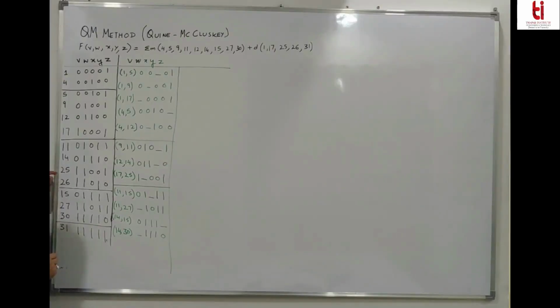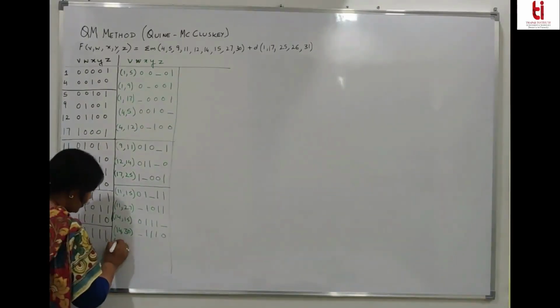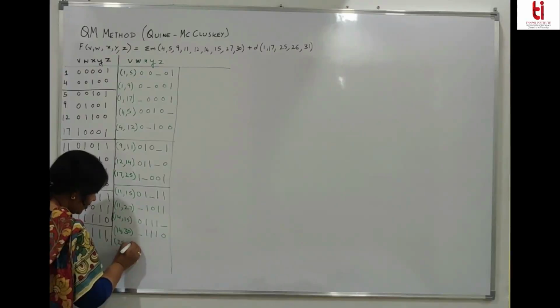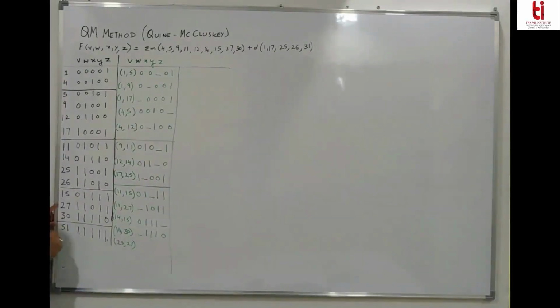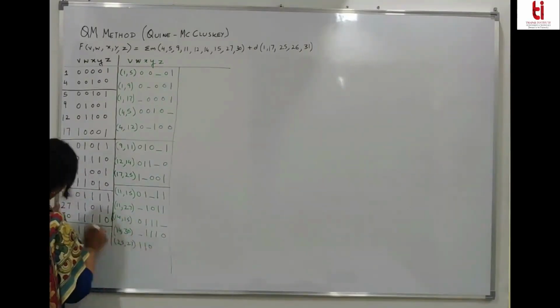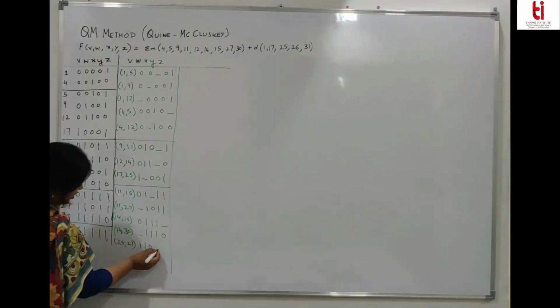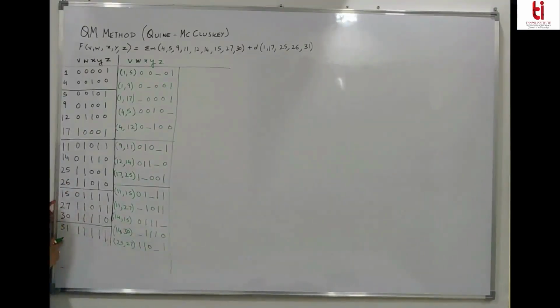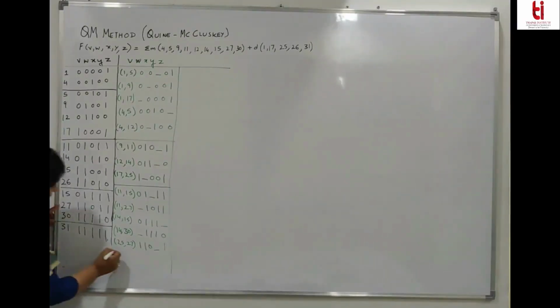Again, 25 with 15. No, more bits are changing. 25 with 27. 25 with 27. 1, 1, 0. 3 bits are same. This is changing. 1. Then 25 with 30. This is same, this is same, this is same, so no. Then 26 with 15. No. 26 with 27.